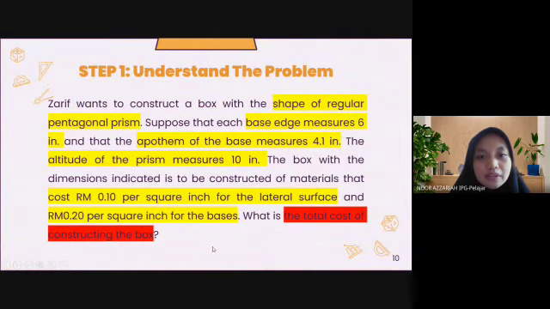The first step is to understand the problem. So how to understand the problem? We need to highlight all the important information that is given in the question. The ones that I highlight with the yellow color are the important information, and the one that I highlight with the red color is what the question asks us to do.